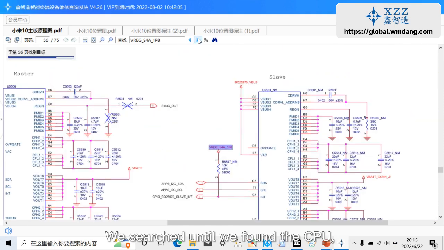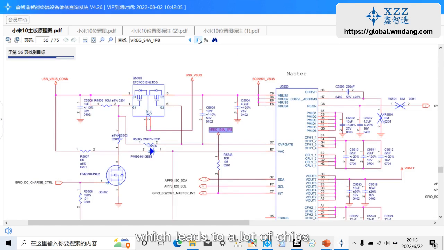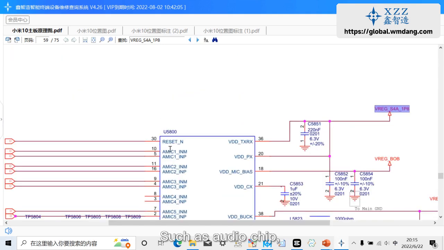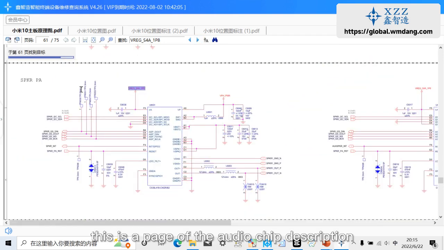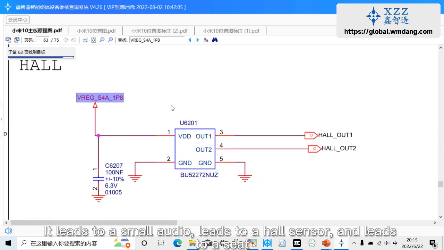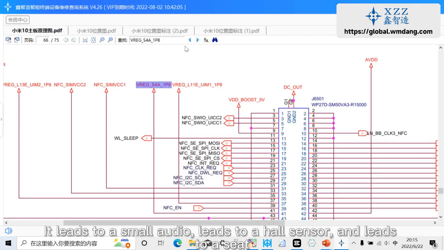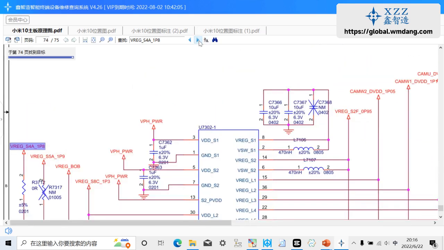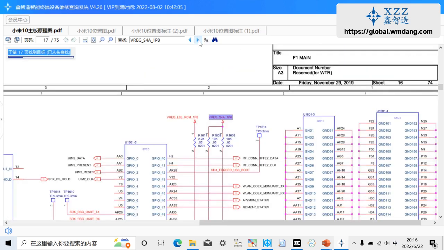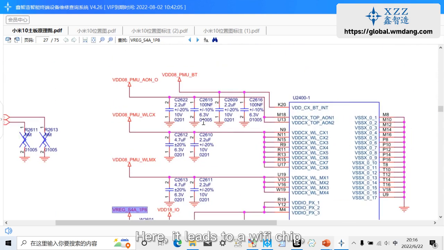We search until we find the CPU, which leads to a lot of chips, such as the audio chip. This is a page of audio chip description. It leads to small audio, leads to Hall sensor, and leads to sensors. Here, it leads to the Wi-Fi chip.